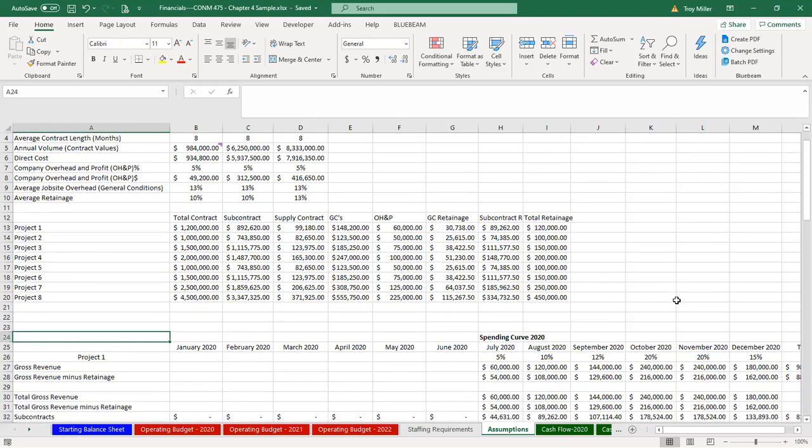So there is a little bit of work in here to figure out how you're going to be billing for whatever projects you're billing for, how that revenue is going to come in, and what part of that revenue is going to be outflow to other subcontracts or suppliers.